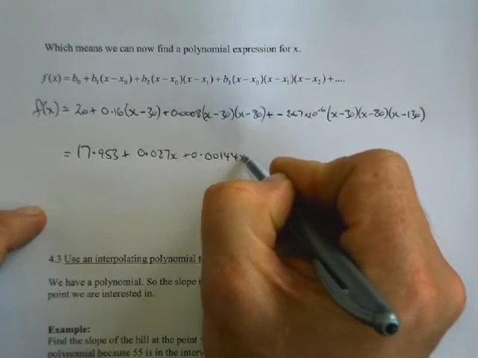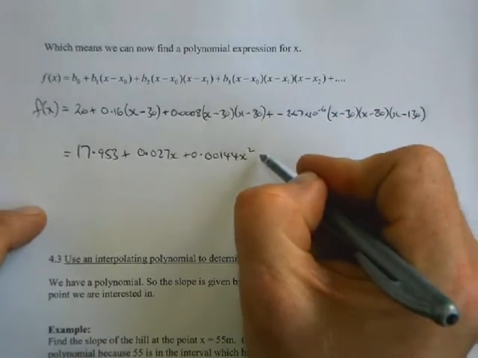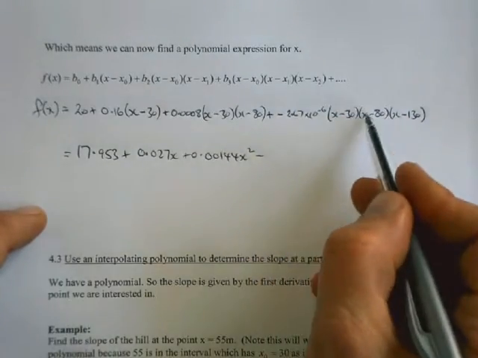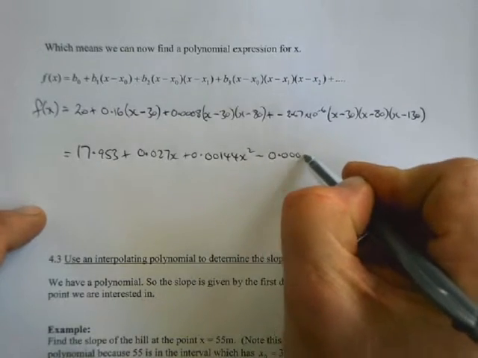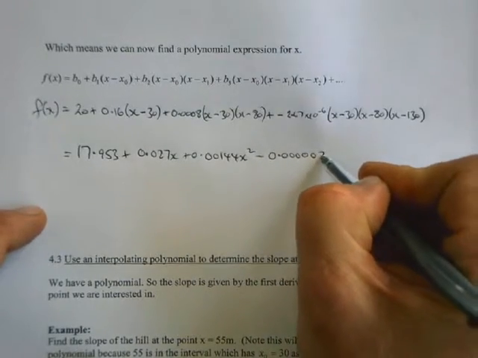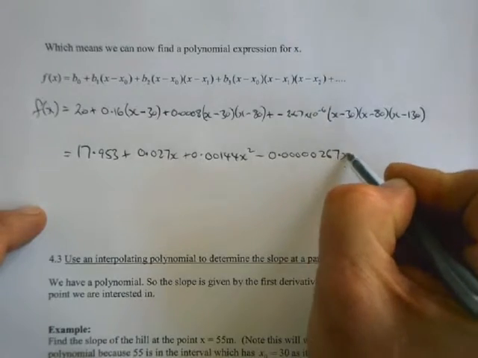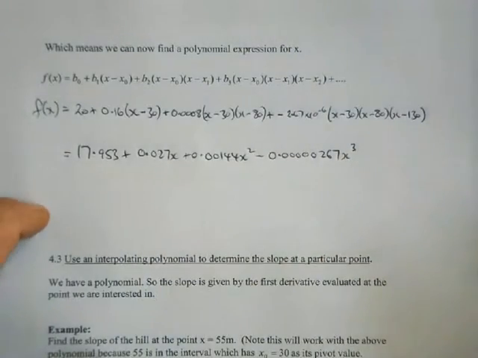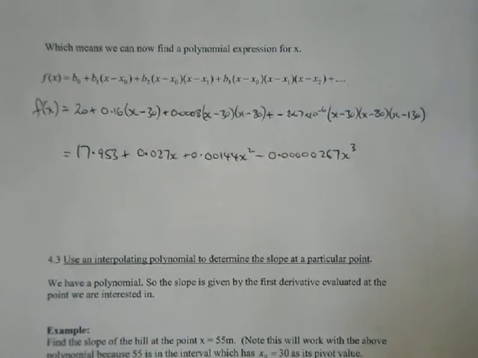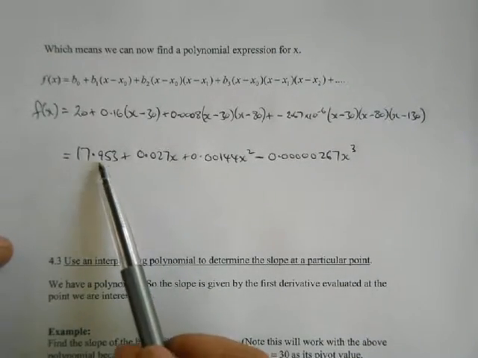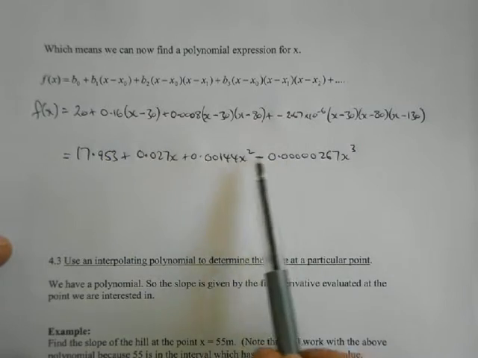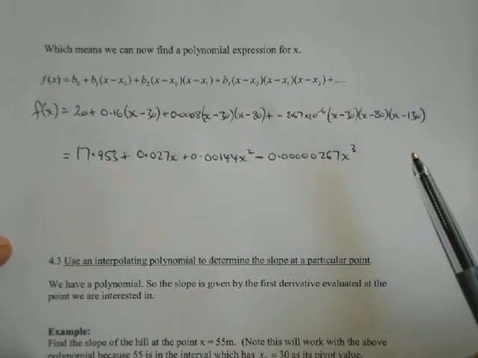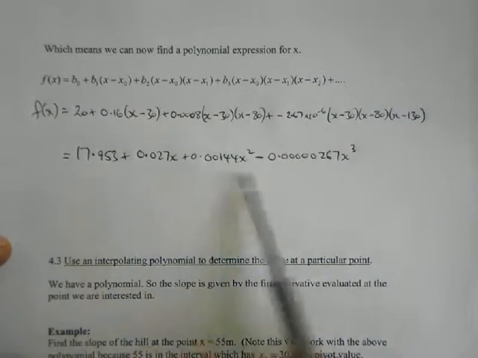The quadratic term is 0.00144 x squared, and the cubic term is obviously just this thing, because it's going to be a single x cubed, so minus 0.0000267 x cubed. So you can see that the most dominant term is the constant term, and then the other terms become less and less significant as you go along.